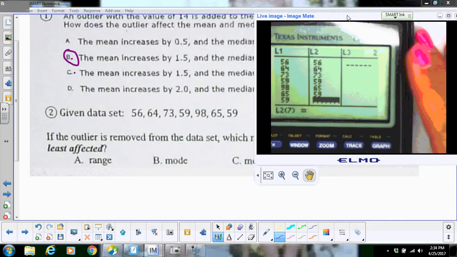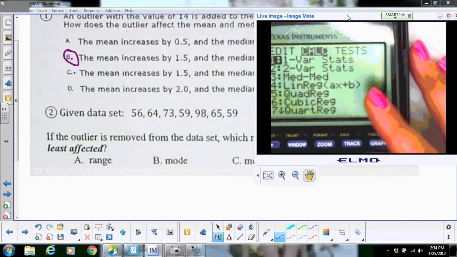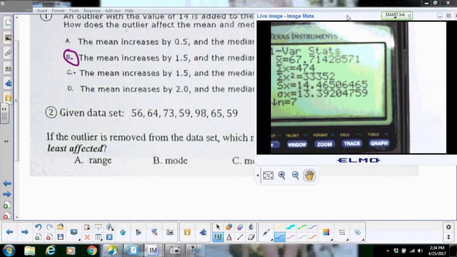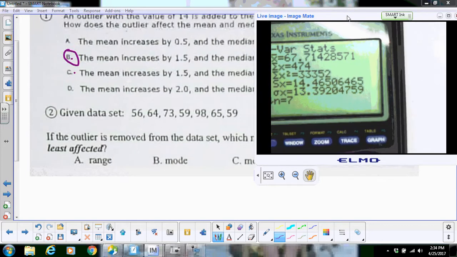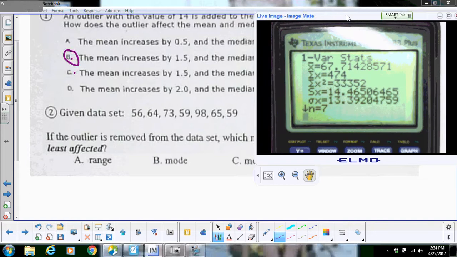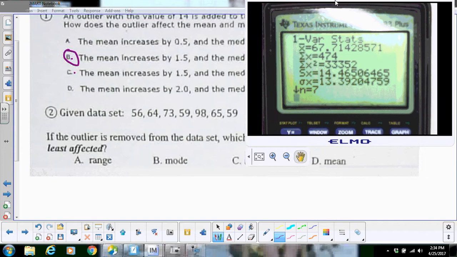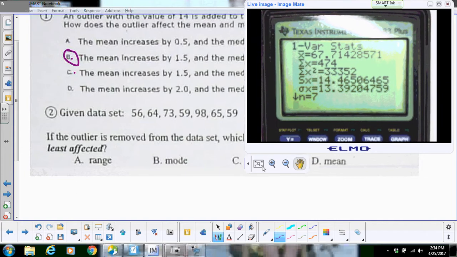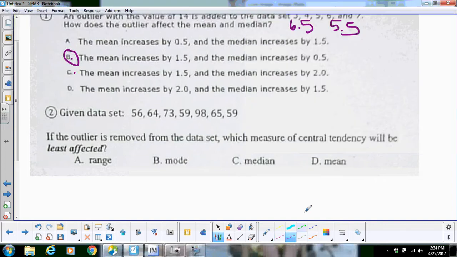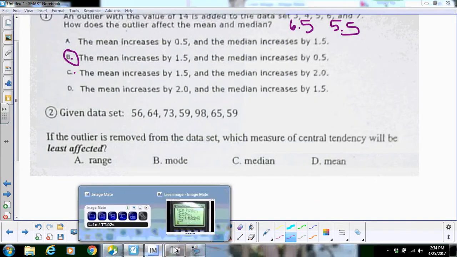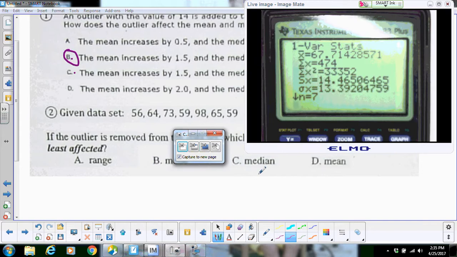Okay, all right, so I'm still going to hit stat calc enter, enter. And what you're going to see is that they're looking for the range, the mode, the median, and the mean.